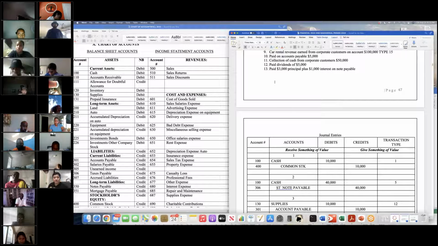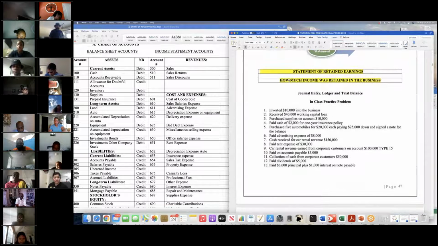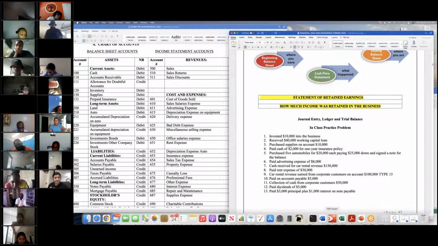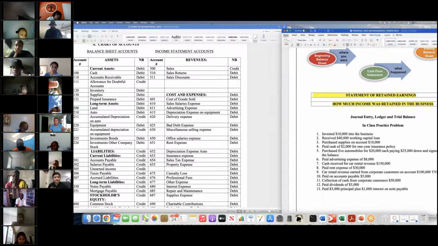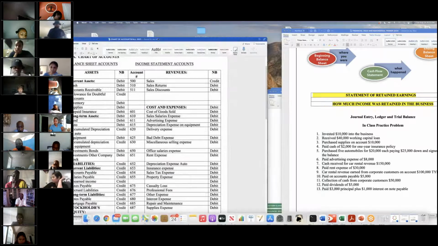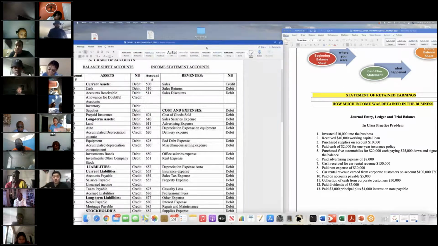So what we're going to do is we probably will start off the class with the new students just making these journal entries. You should have a chart of accounts and you should have your journal entry types.